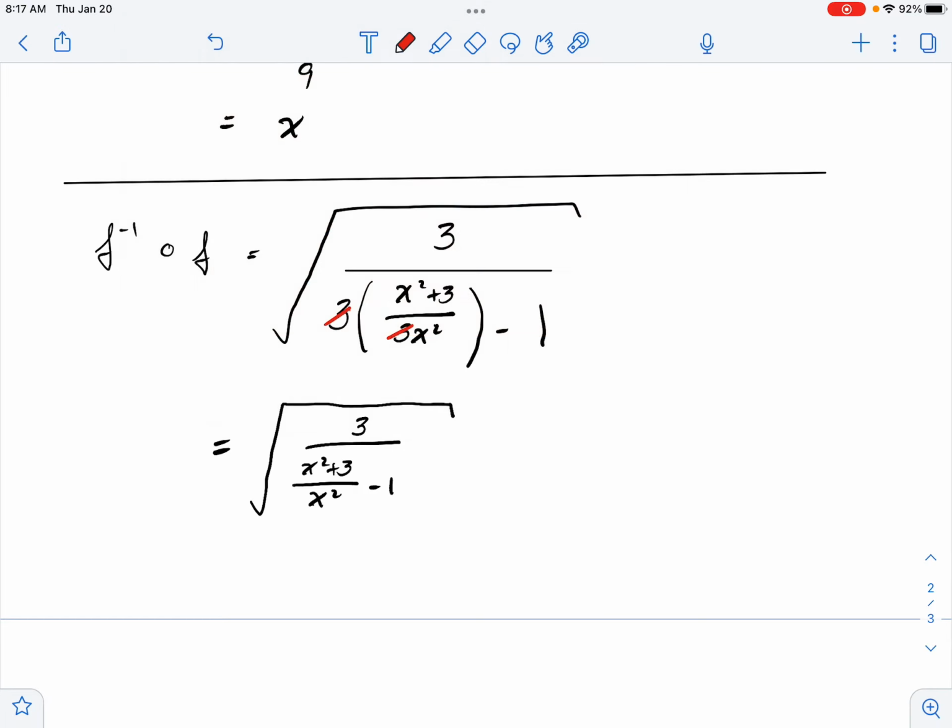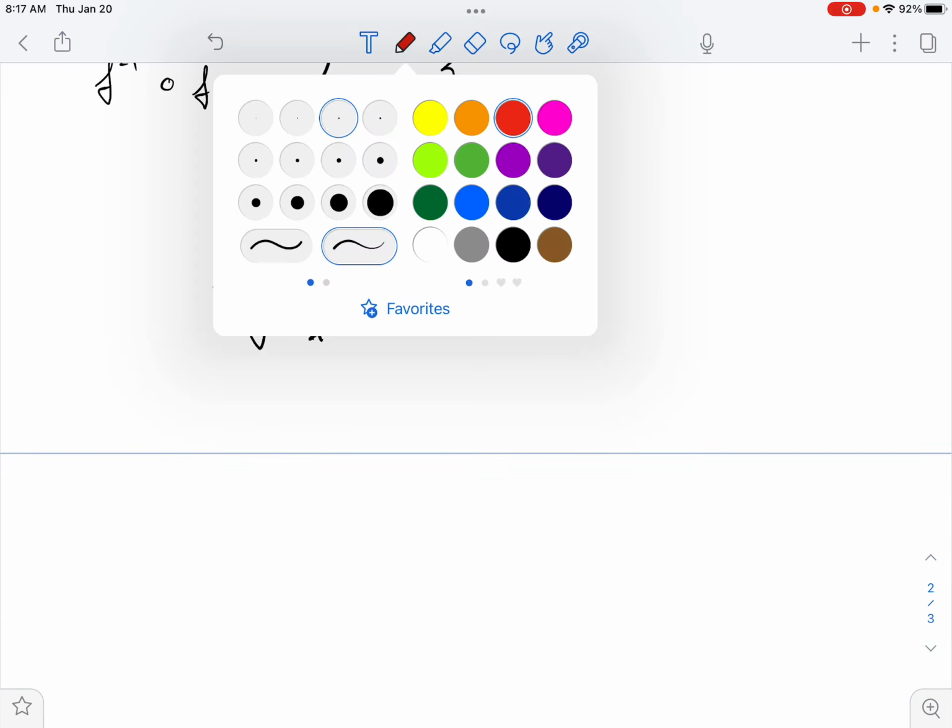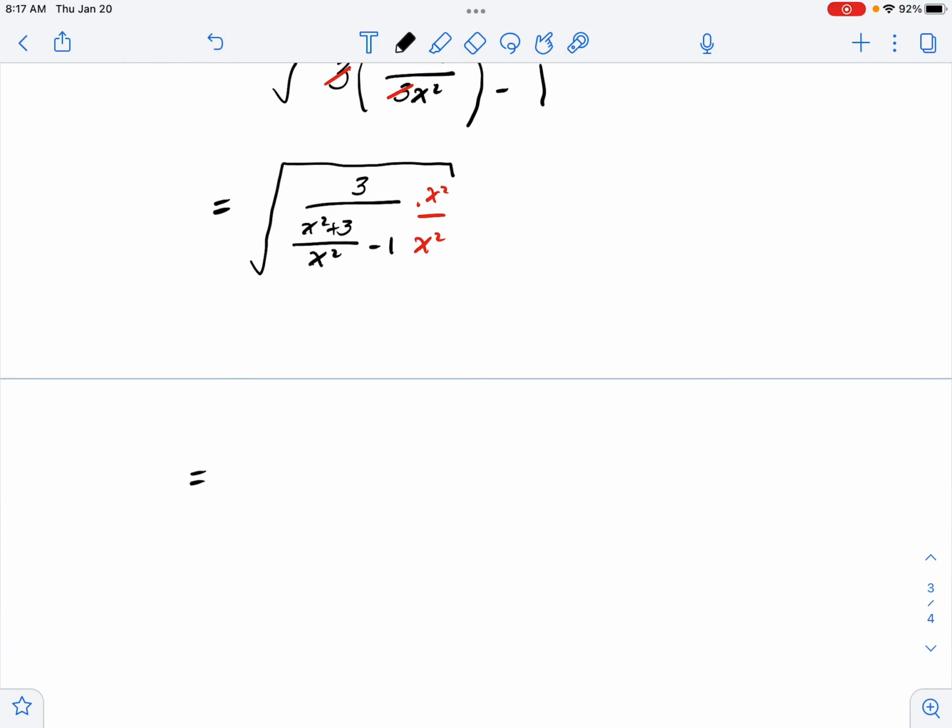One is to multiply above and below inside the square root sign by x squared. And I think that's what I'll do, the simplest way to go about this. And so I will have the square root of 3 times x squared, which is 3x squared, over (x squared plus 3 over x squared) times x squared, which is x squared plus 3, and finally, minus 1 times x squared, which is minus x squared.